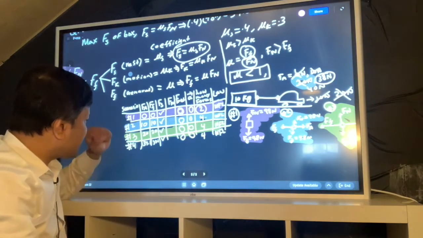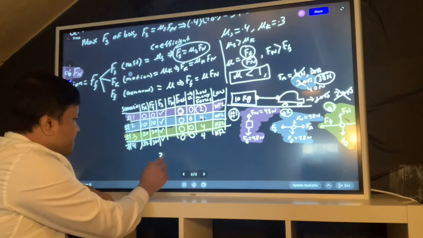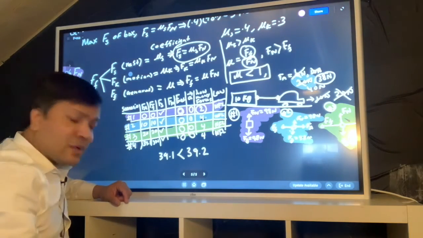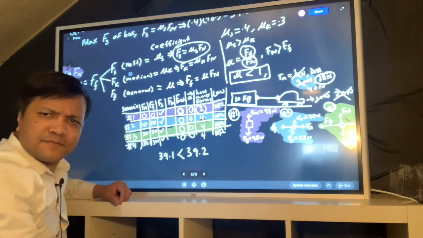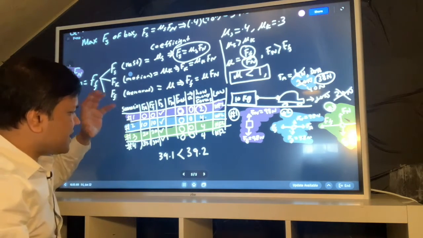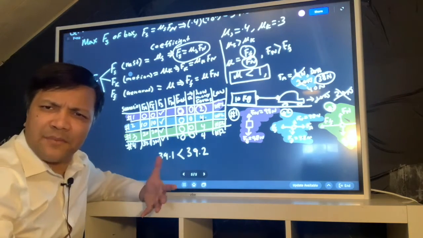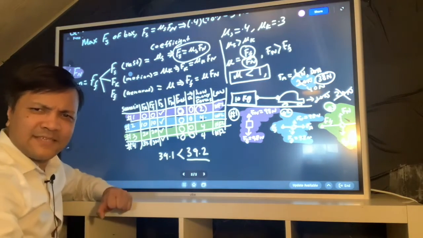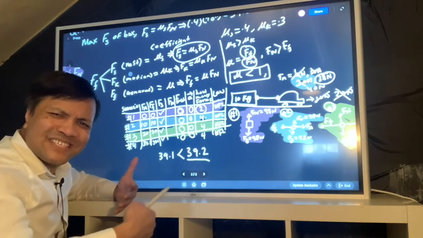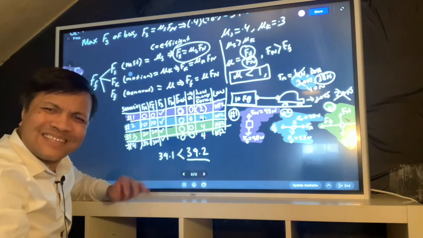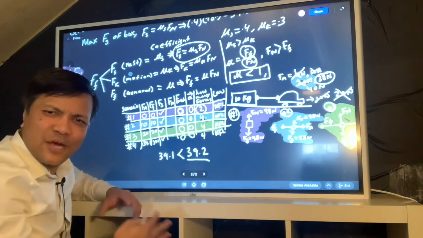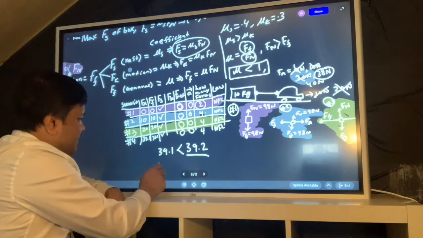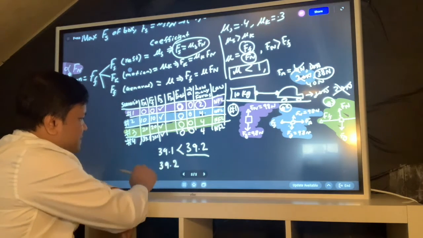Why is that? It's because 39.1 is smaller than 39.2. To move the box, to make the box give up its inertia, you have to apply 39.2. Anything less than that, the box can increase its friction to the same magnitude, so they cancel out and the box stays at rest. What about 39.2?